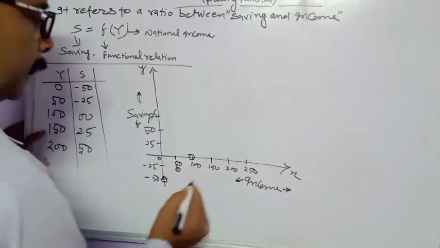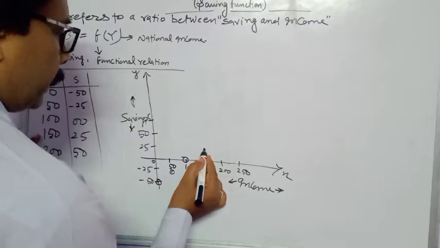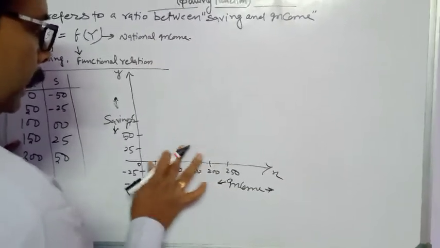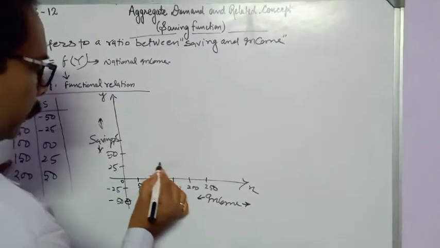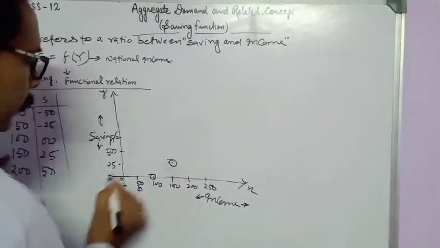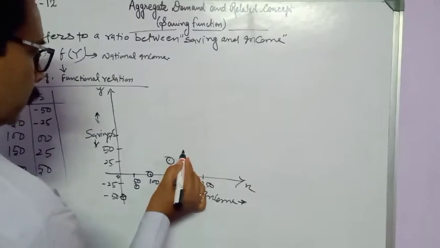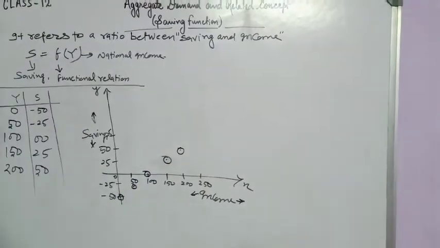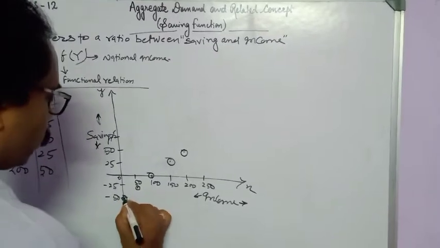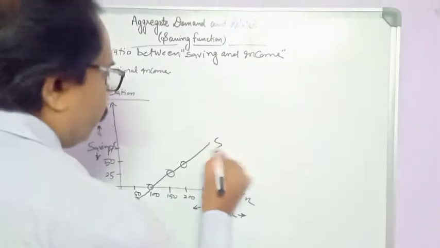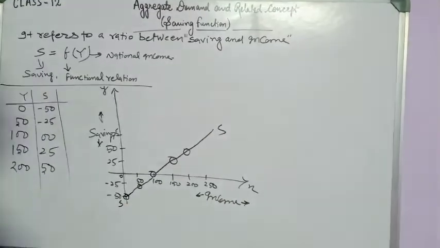When income is 150, then the saving is, suppose, at this point, in front of the 25. Next the income is 200, then the saving is 50, and so on. So in this way, if you join all the points, you will get the saving curve. So SS is the saving curve.